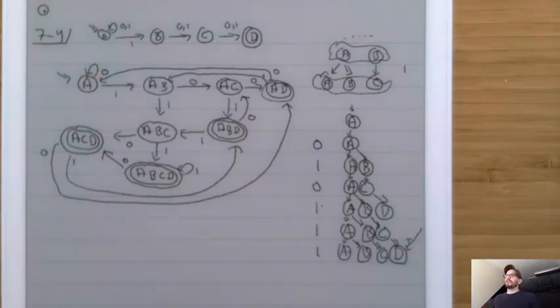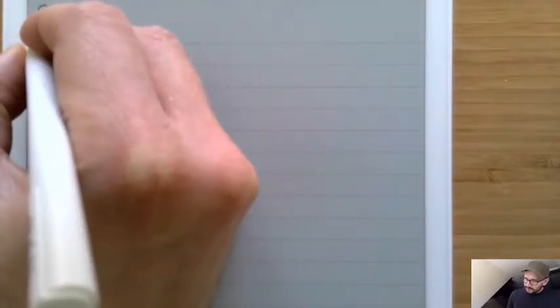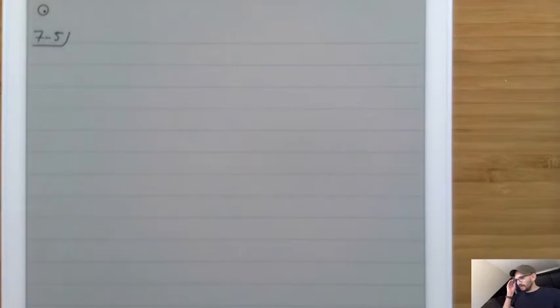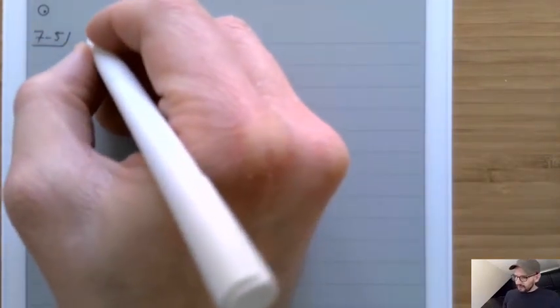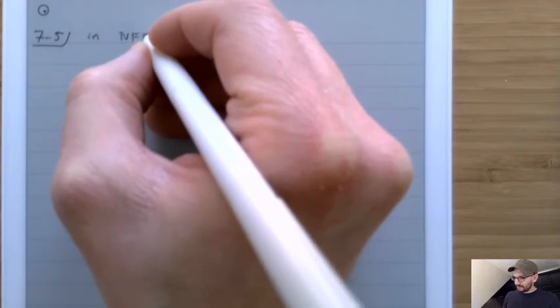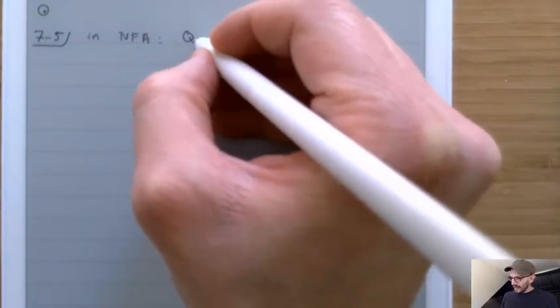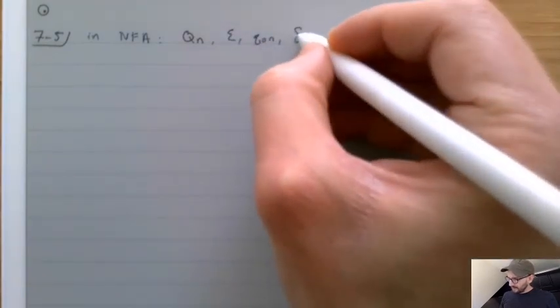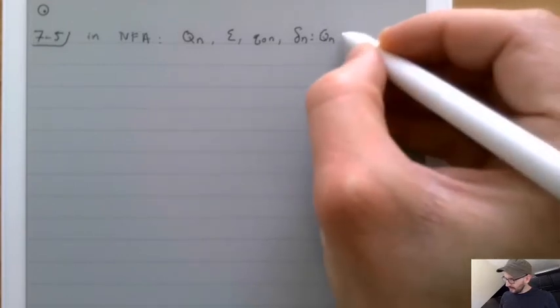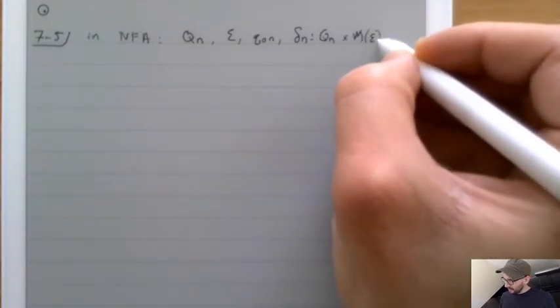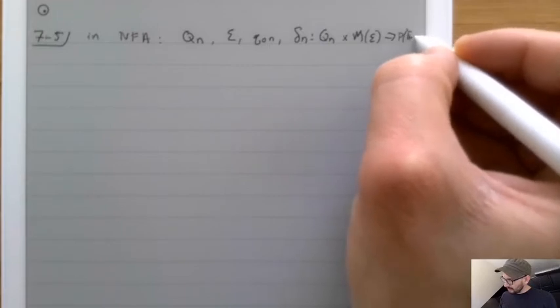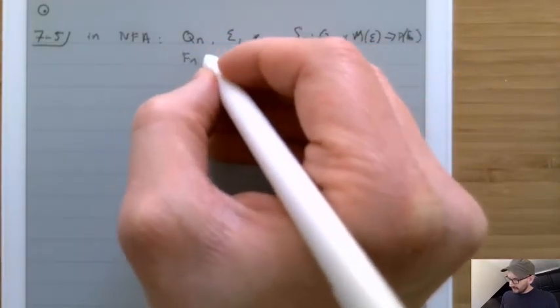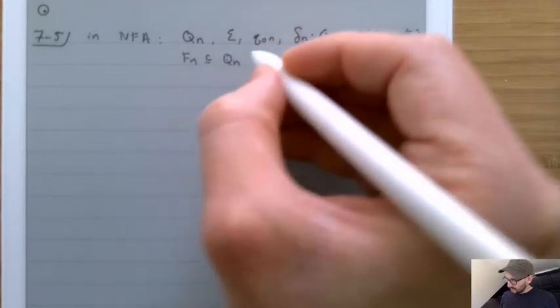All right, so let's talk about how to do this systematically, meaning as a function. So this algorithm's input is going to be an NFA, which has Qn, sigma, Q0n, delta n, which goes from Qn cross maybe sigma arrow power set of Qn, and Fn, which is a subset of Qn.